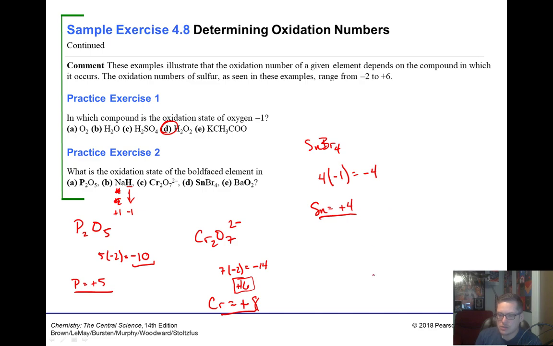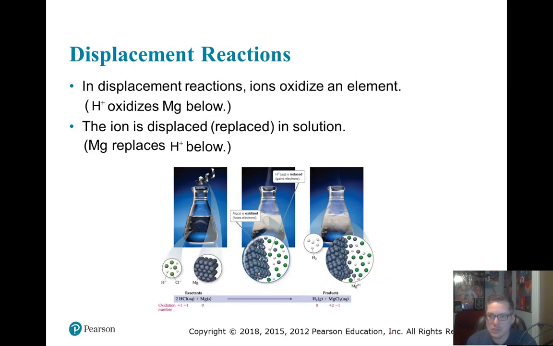And let's do this last one, barium peroxide, BaO2. There are 2 oxygens, and 2 times -1 is -2, with a charge of 0, so the barium has to be +2. All right, so there's how to do a bunch of oxidation number problems.